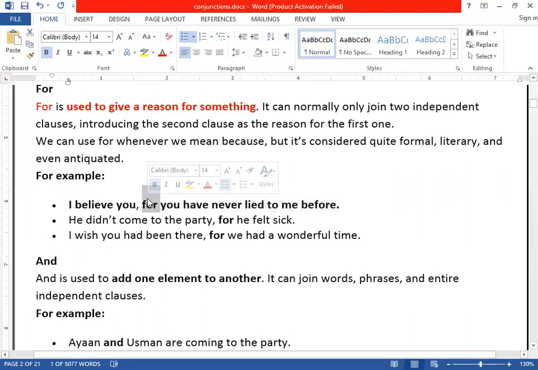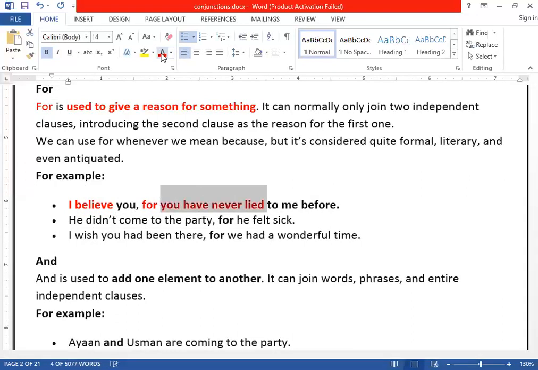What is FOR now? FOR is called a conjunction, because we have connected 2 clauses. I, subject, verb. This is one clause. And subject plus verb, again, another clause. And both clauses are independent. If I say you have never lied, independent clause.